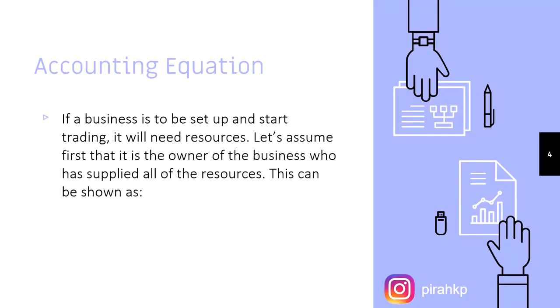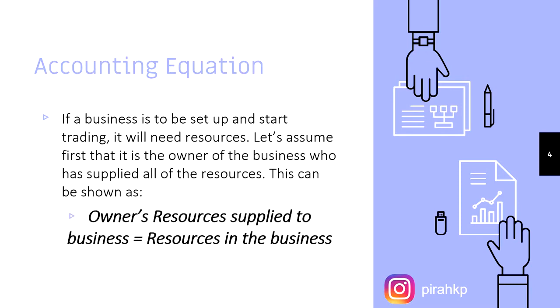If a business is to be set up and start trading, it will need resources. Let's assume first that it is the owner of the business who has supplied all of the resources. This can be shown as owner's resources supplied to business is equal to resources in the business. Obviously, when all the resources in the business were given only by the owner, they are going to be equal, right?